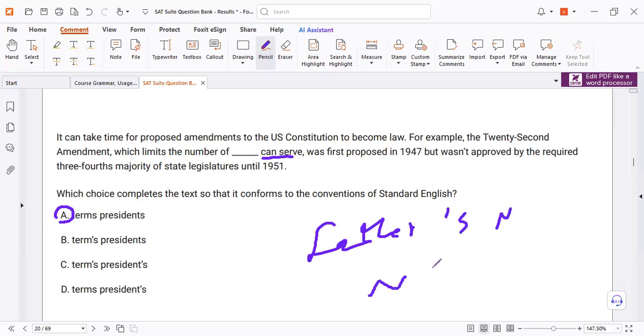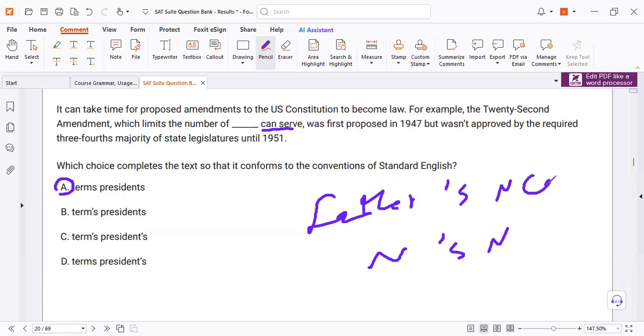As I told you, noun, apostrophe S, noun. Are we talking about the father's car or the car of the father? So after the apostrophe, we need a noun. This is not a noun, this is a verb. So we don't need the possessive S.